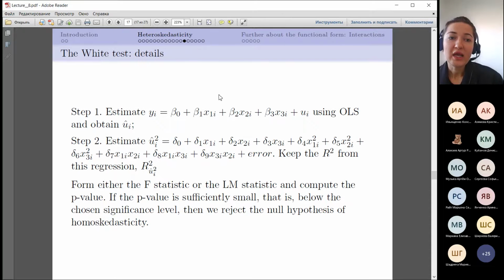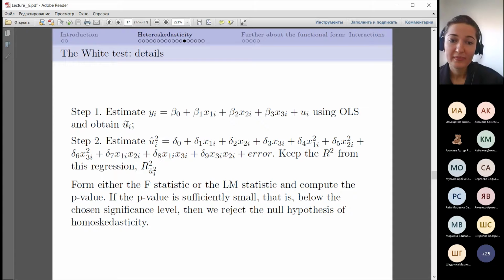So one more test that we are going to discuss is the White test. The idea is very similar to the idea that we just discussed in the Breusch-Pagan test. But White proposed a test for heteroscedasticity that adds the squares and cross products of all the independent variables to the equation. So the first step in the test is absolutely the same as we just discussed.